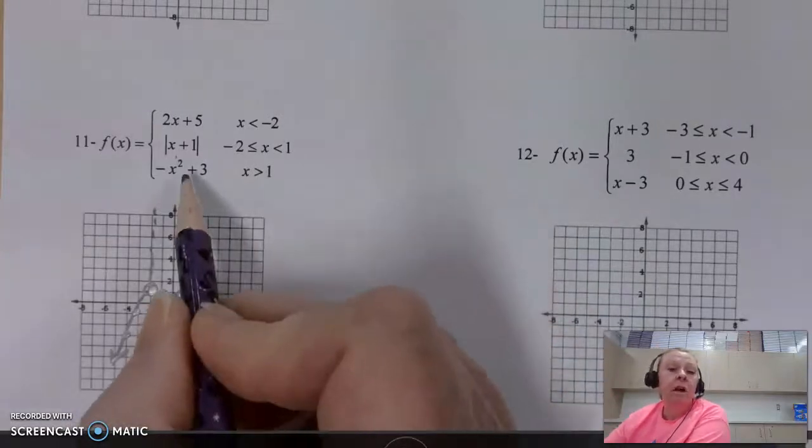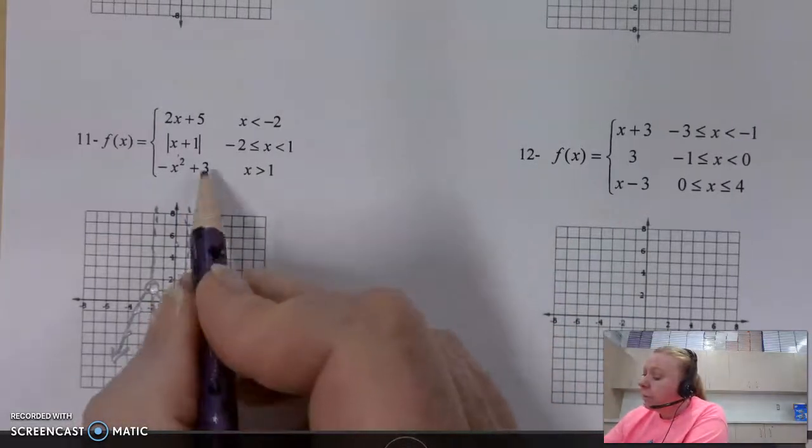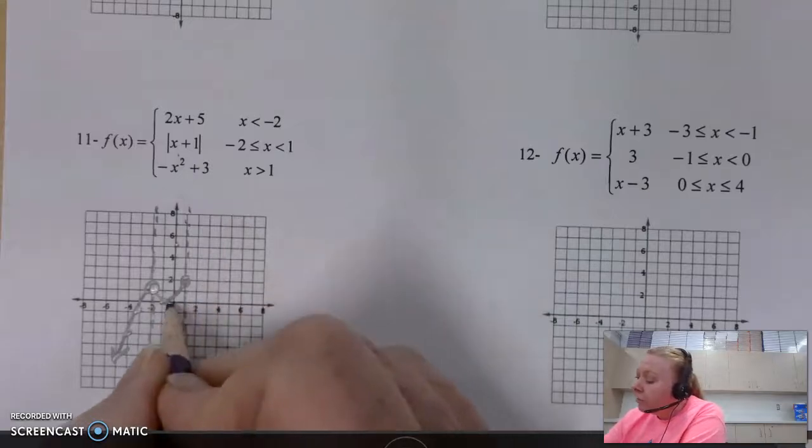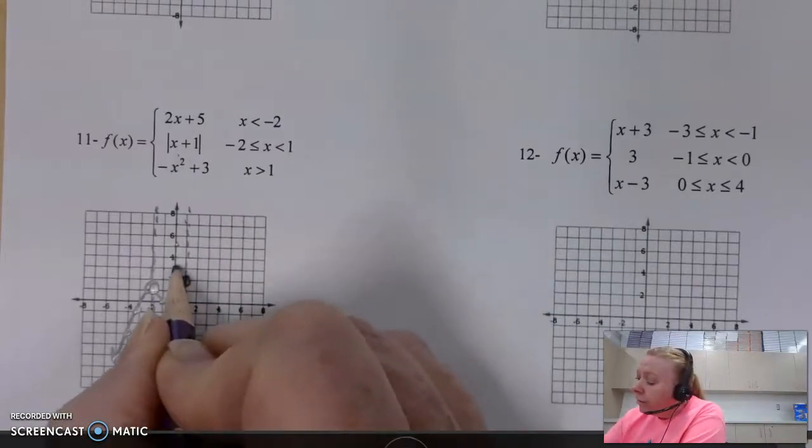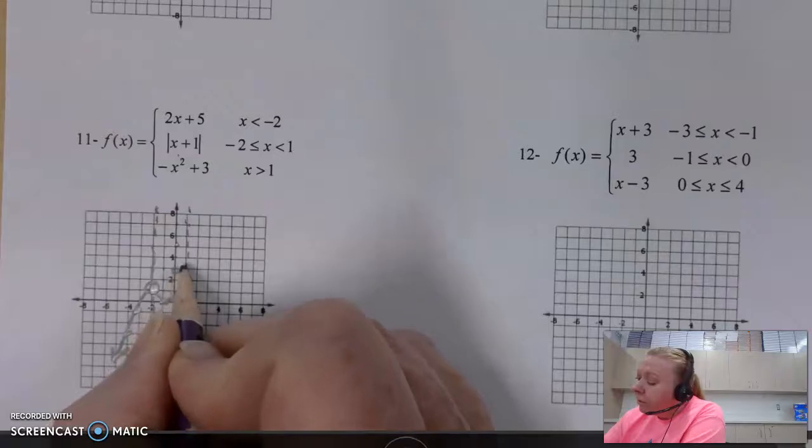Now I'm going to finish off. I'm going to have a parabola. It says shift it up 3. And it's going to go down.